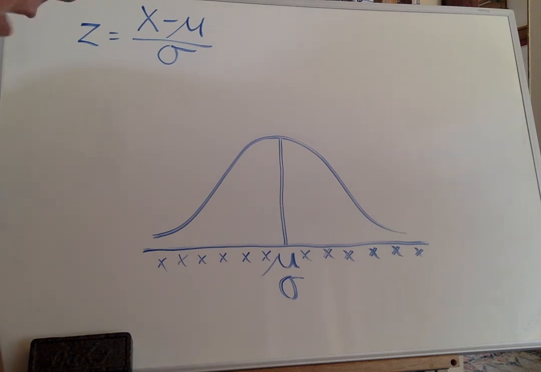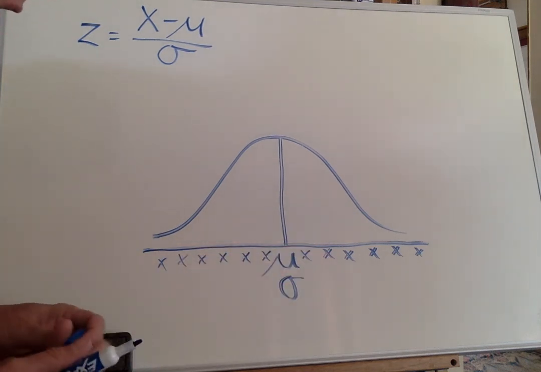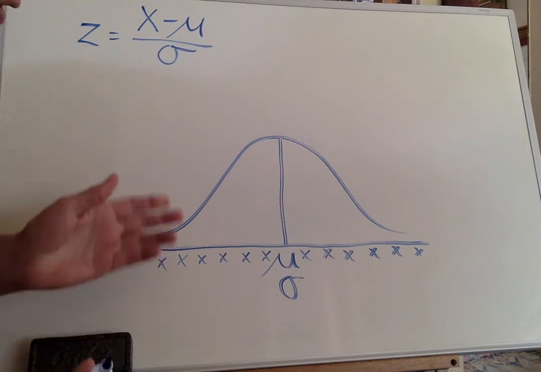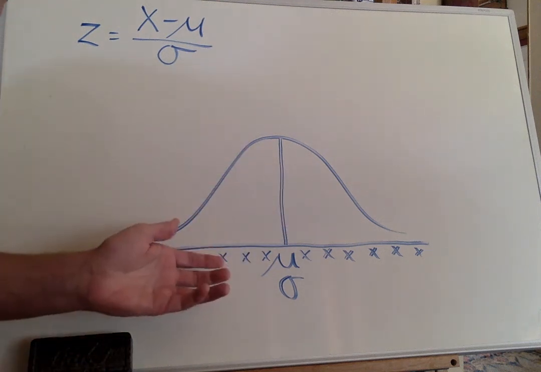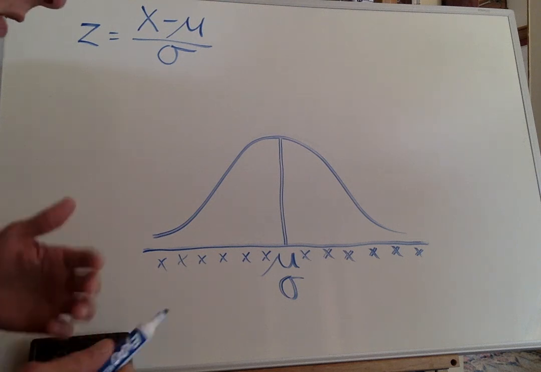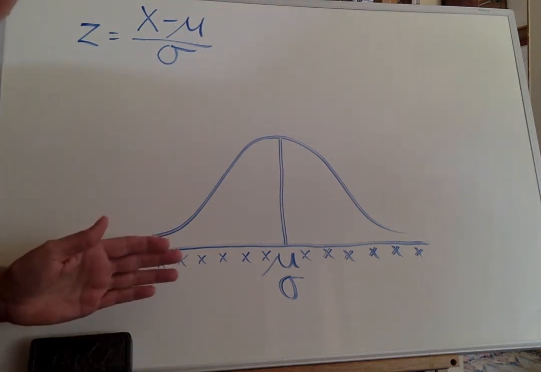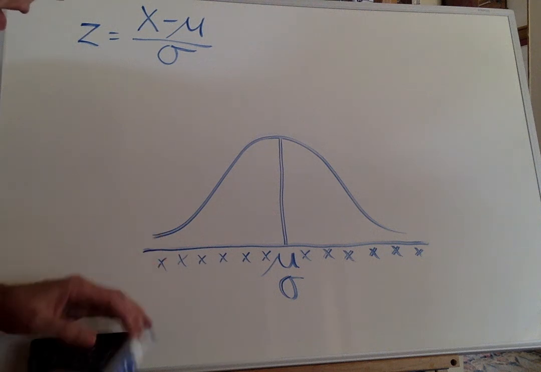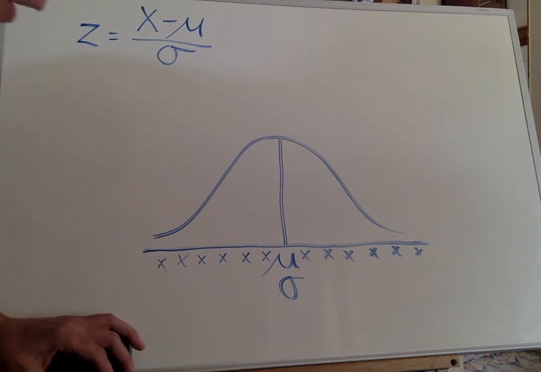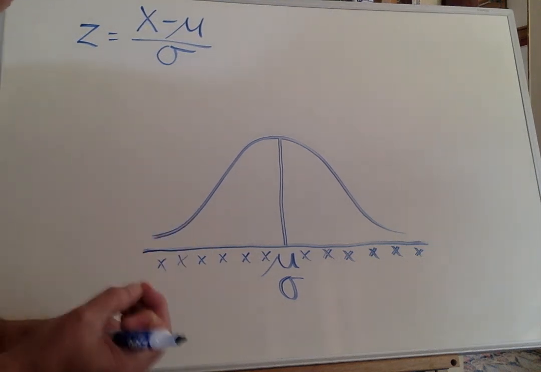What I want to do now is, I don't have any values here, because if we're talking about a normal curve and this kind of shape and this kind of distribution, which I'm going to again say is ubiquitous, this is what many, many, many distributions look like. And I want to give you a feeling for where one standard deviation away from the mean is, or what it would look like.